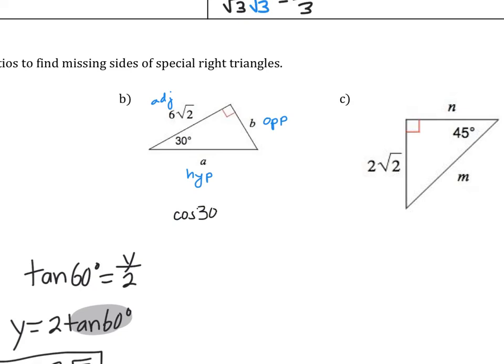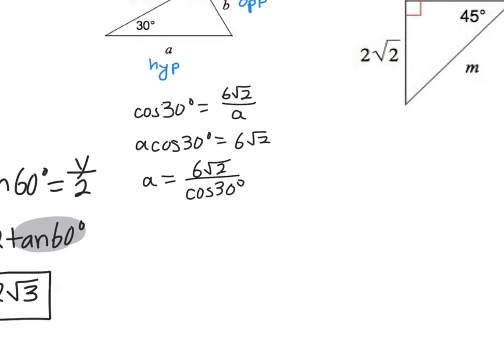So the cosine of 30 degrees equals 6 times the square root of 2 over A. So we're going to multiply both sides by A. A times cosine of 30 degrees equals 6 root 2. And then we'll divide by the cosine of 30 degrees, which is a value we know from above. We know that the cosine of 30 degrees is root 3 over 2.